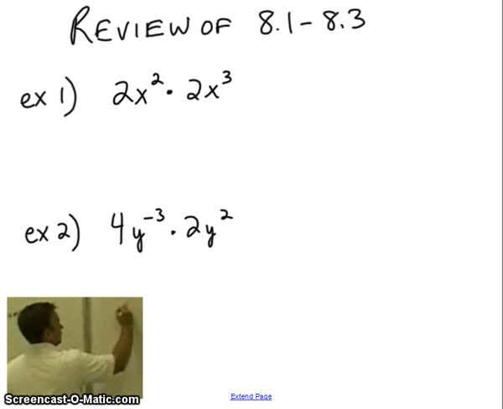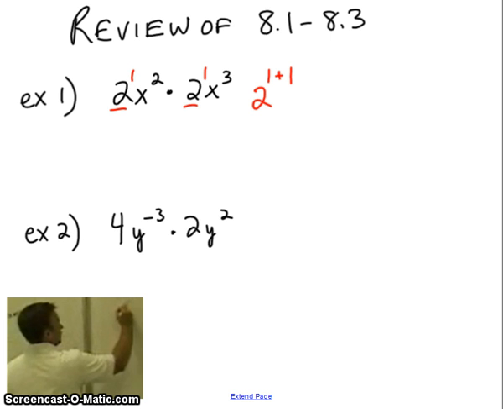All right, so we have 2x squared times 2x cubed. So what we're going to do is we're multiplying, so we multiply 2 to the first and 2 to the first. They have the same base, so we're just multiplying 2 to the first, so 2 to the 1 plus 1.